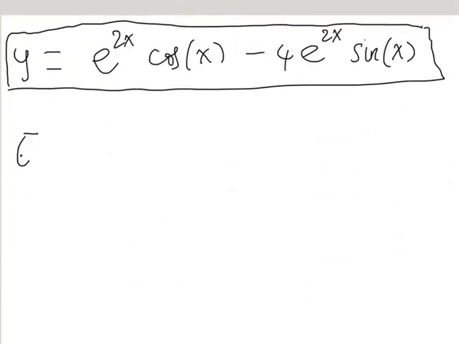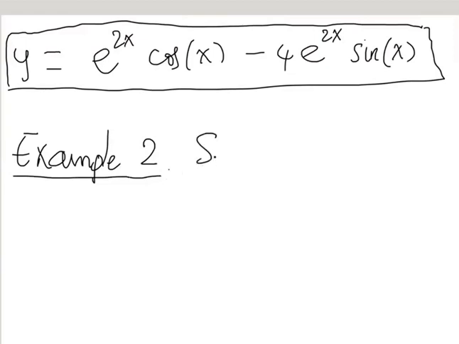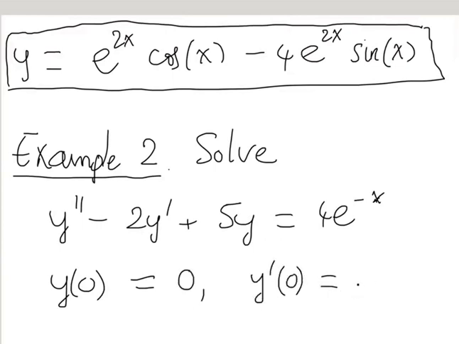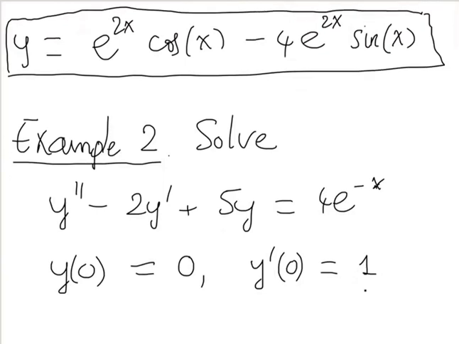Now let's consider another more complicated example. Solve y double prime minus 2y prime plus 5y equal to 4e to the negative x. And now we have a non-homogeneous equation, with y(0) equal to 0 and y prime of 0 equal to 1 as the initial conditions.